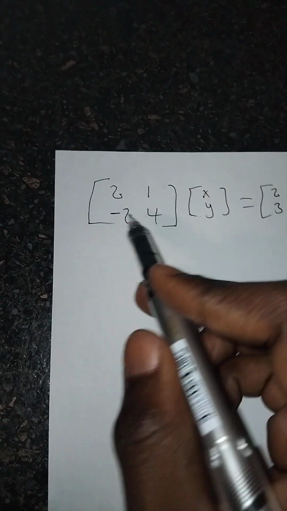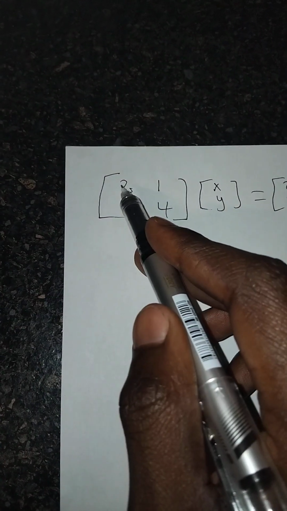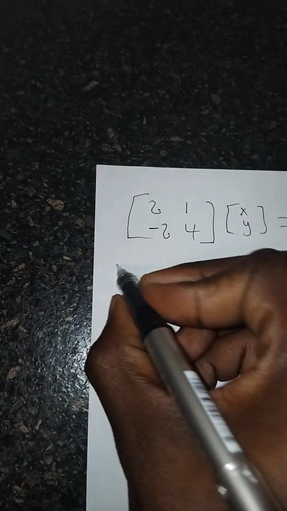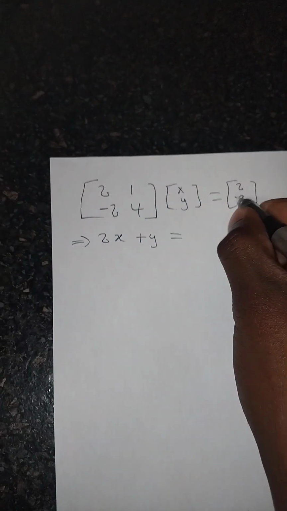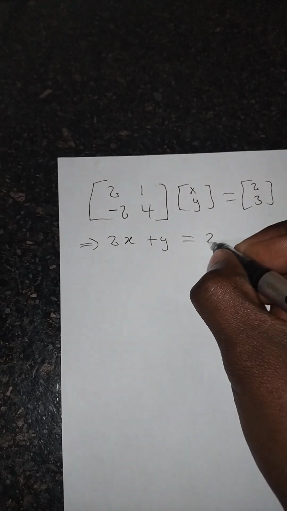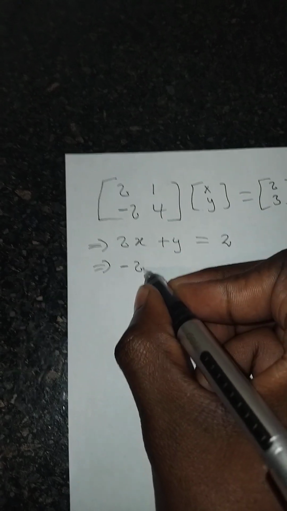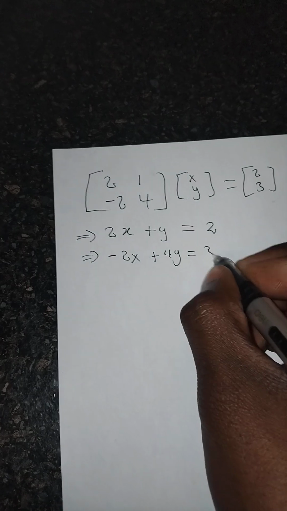From this we can make a system of linear equations. If you multiply this by that, we have the first equation, 2x plus y, equal to this first element there, 2. The second equation is minus 2x plus 4y equals 3, just like that.